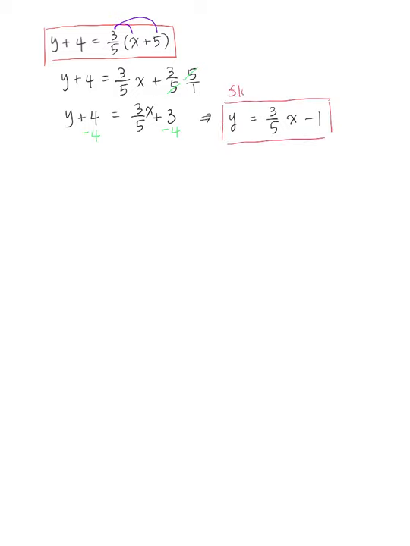Let me just write slope intercept form, and then this is the point slope form. So the graph of y plus 4 equals 3 over 5 times x plus 5 is exactly the same graph as y equals 3 over 5x minus 1.